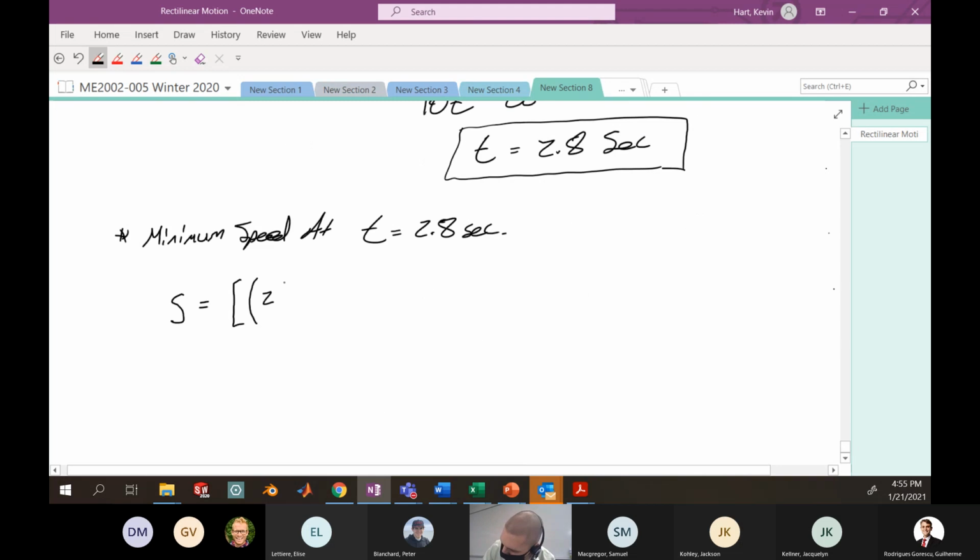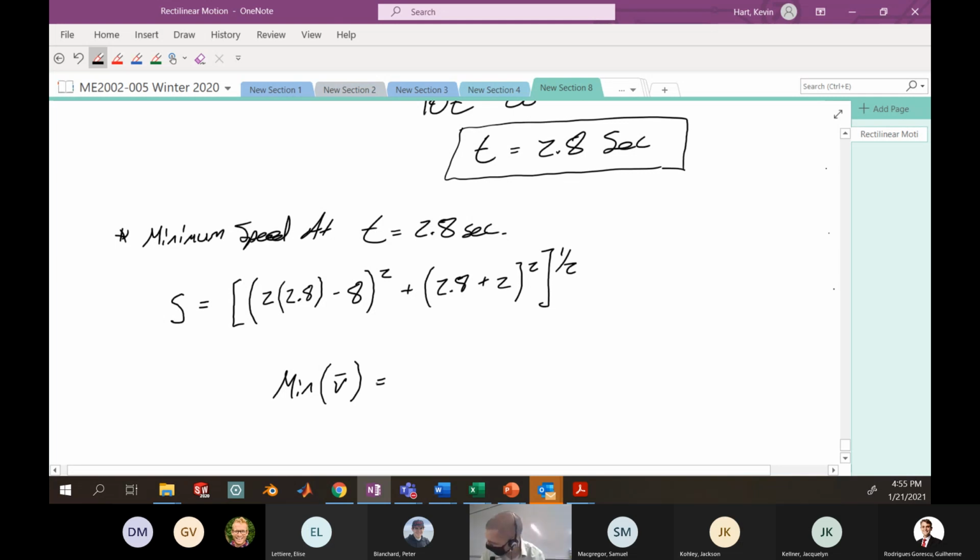So this here is something like 2 times 2.8 minus 8 squared plus 2.8 plus 2 squared to the 1/2. And so my minimum velocity here is 5.37 feet per second.